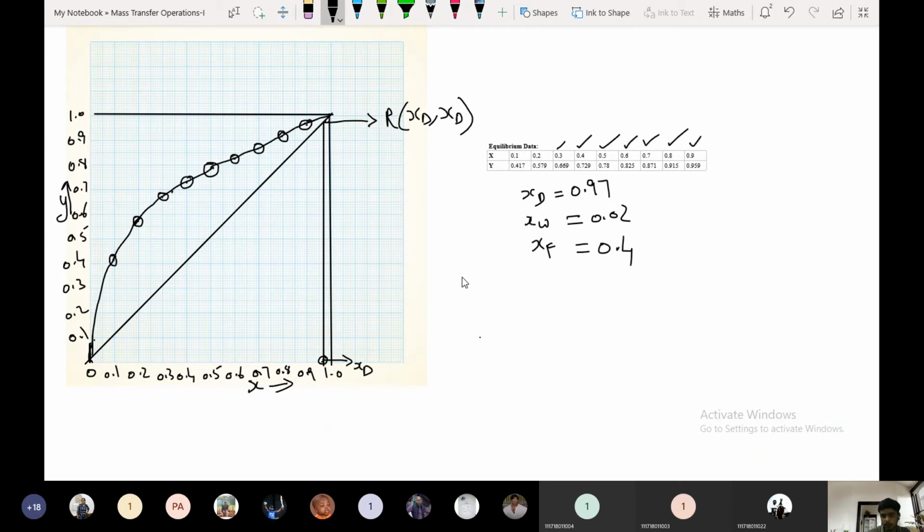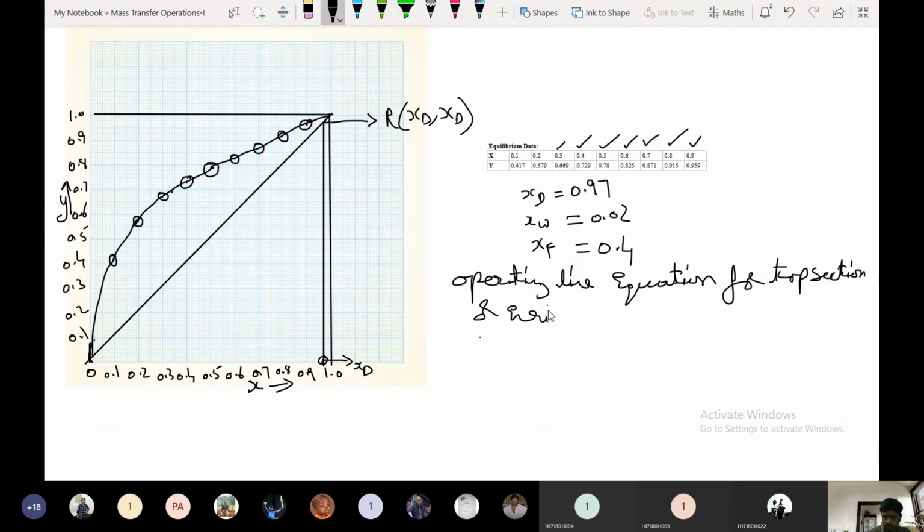Now we have to use the operating line equation for the top section, which we can call the rectifying or enriching section.